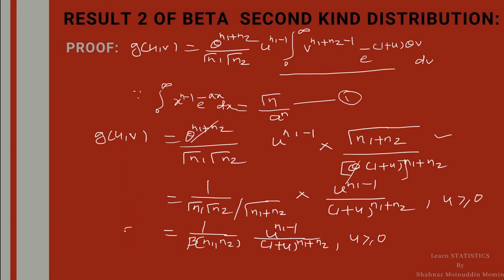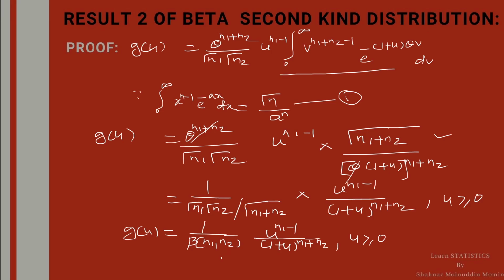This is the marginal PDF of u. By observing the marginal PDF of u, we observe that it comes out to be a PDF of beta distribution of second kind.